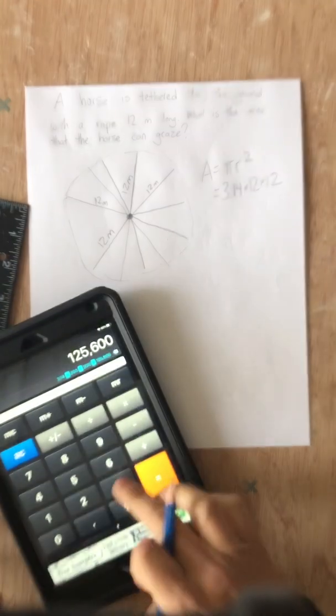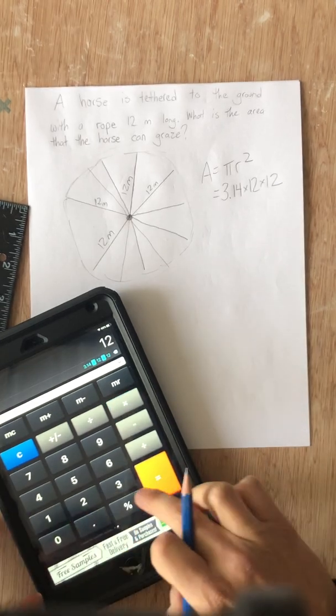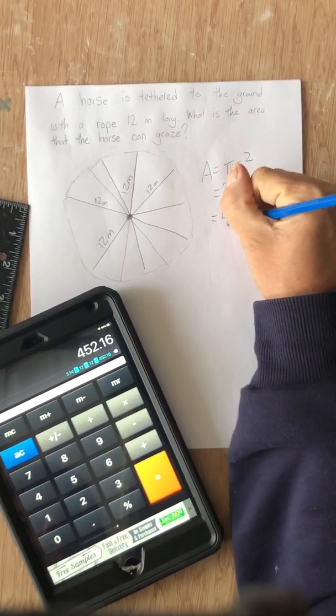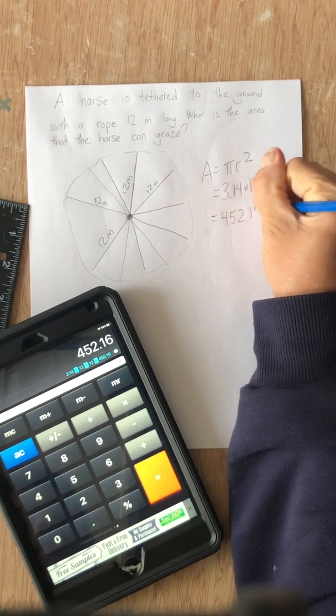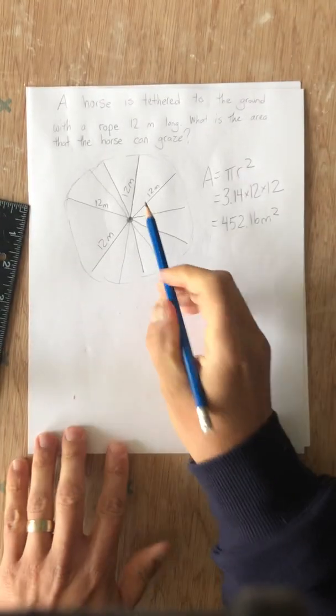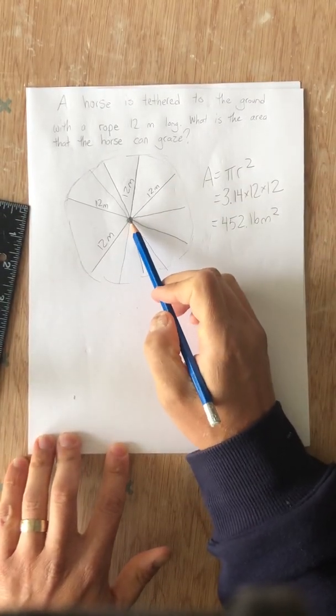And what I get, 3.14 times 12 times 12, is that it can graze in 452.16 meters squared. So the horse is attached to the ground here.